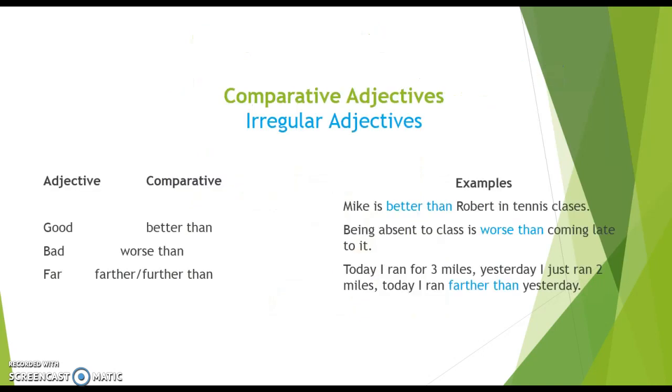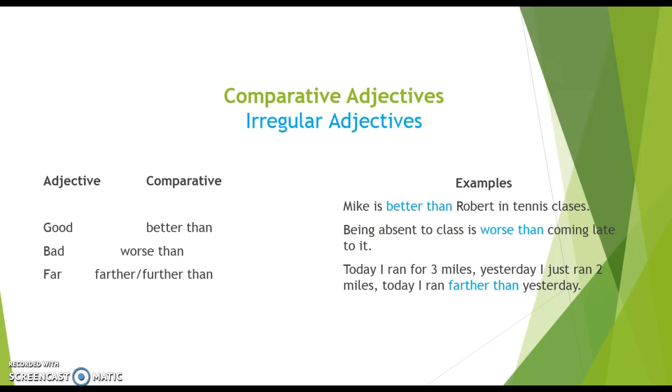The final group is called irregular adjectives. Pay attention because they are irregular. What does irregular mean? That means that they have their own word to become comparative. So irregular adjectives don't follow the previous rules.